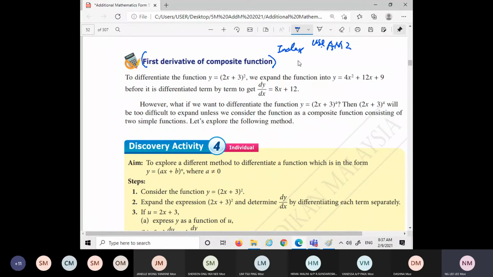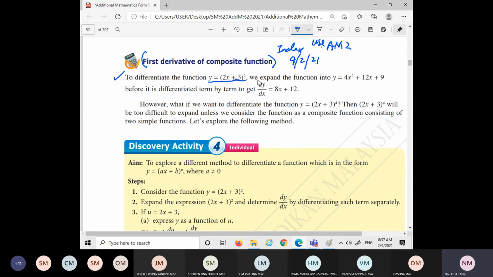Okay, today is 9. Okay, we look at these questions. Okay, to differentiate these functions.